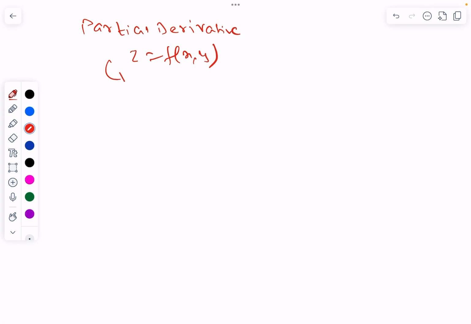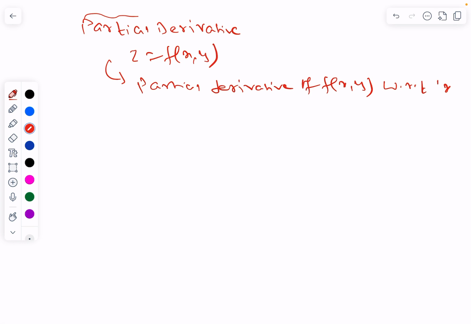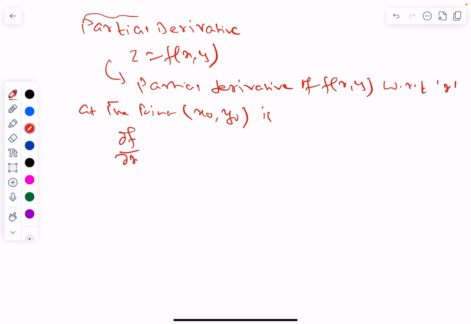So the partial derivative of f, that's why we call it partial. The partial derivative of f(x,y) with respect to, say, x at the point (x0, y0), we write like this: del f by del x at the point (x0, y0).